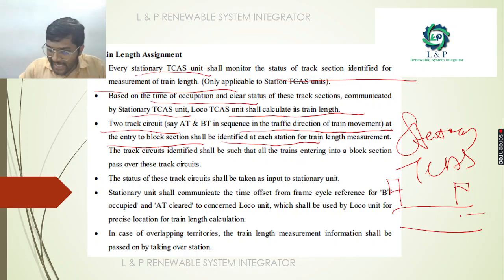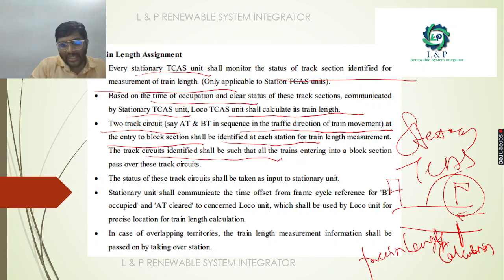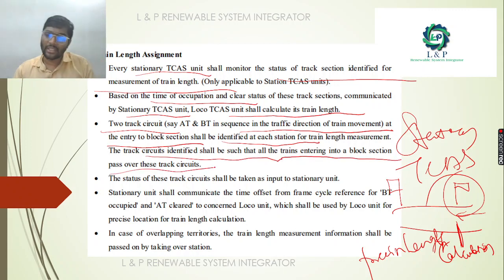When the train is entering here, the calculation will start, and so we will know the train length. We start calculating the train length when a train passes through the entry block section. The track circuits identified shall be such that all trains entering the block section pass through these tracks. So whatever the train is, for sure it should pass through this entry section, and from the entry section, the train length measurement is started.